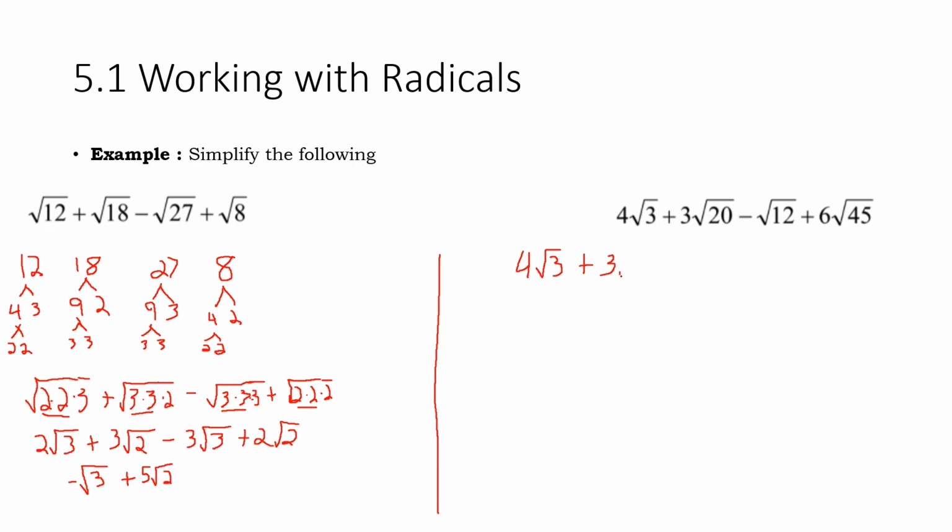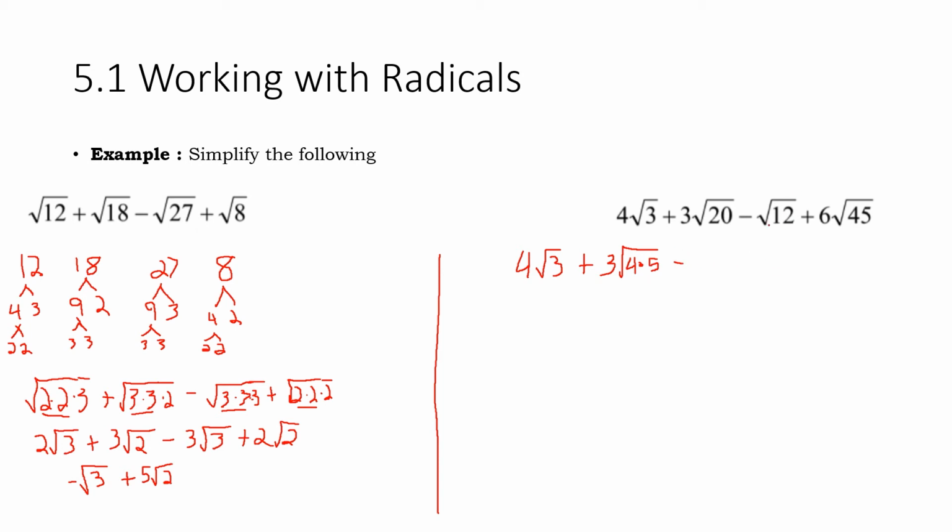Now I'm going to jump away from the factor trees for these. Square root 20, feel free to use the factor trees if they help you. If this helps you figure out which ones are pairs and which ones are not, that's all good. A perfect square factor of 20 is 4. If we pull 20 apart into 4 and 5, then we have a perfect square that we can pull out.